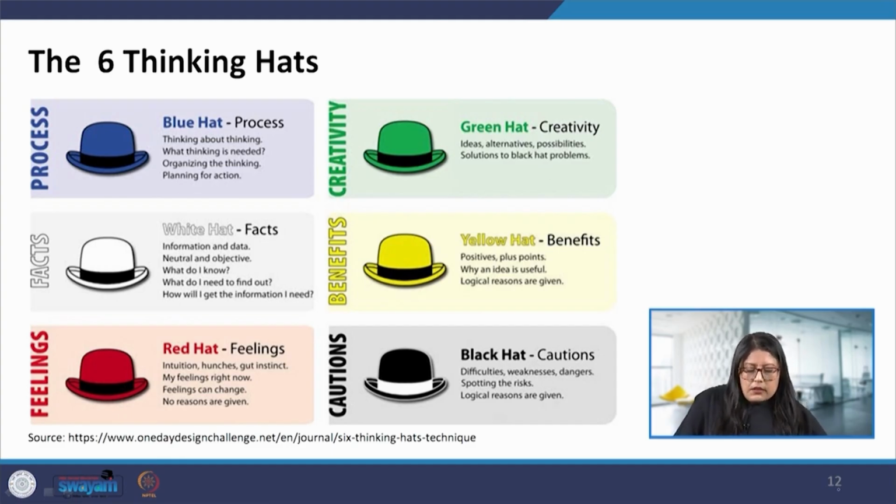First to explore the problem, then to develop a set of solutions, and finally to select a solution through critical analysis. Sometimes the group may get stuck, so this tool is very helpful when no ideas are coming, as wearing or changing the hat can help one come up with some interesting solutions.